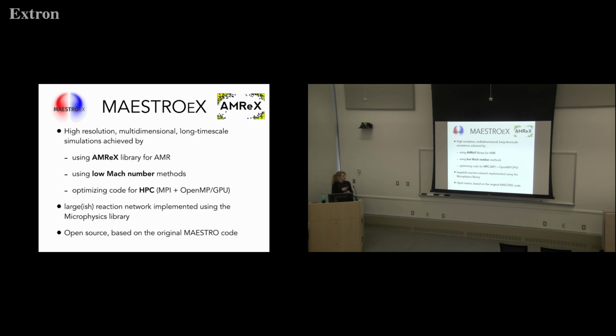We're going to use a large-ish reaction network, implemented using our Microphysics library. I say large-ish because it's more than 2, but it's a lot less than the hundreds of nuclei that some people model in one-dimensional codes. And it's open source, so all of our code is up on GitHub and free for anyone to download.